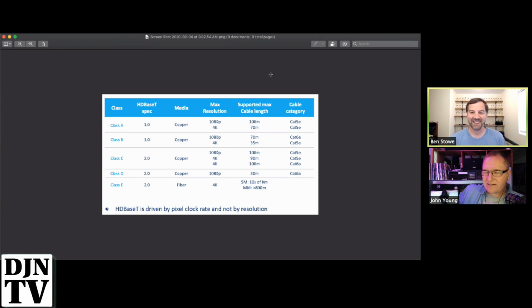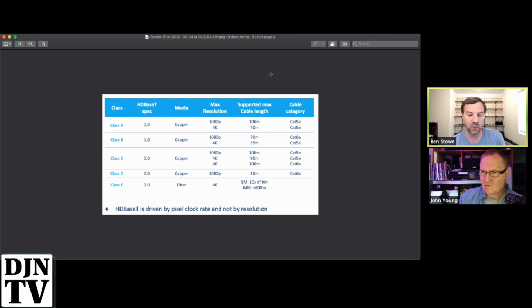All right. So what we can see here is that the chipset is what is driving the HDBaseT spec and the max resolution and the max length, but you will notice a corresponding relationship to the cable. So if we look at Class B, for example, it's telling us we should use Cat 6A, and Class C is really good.